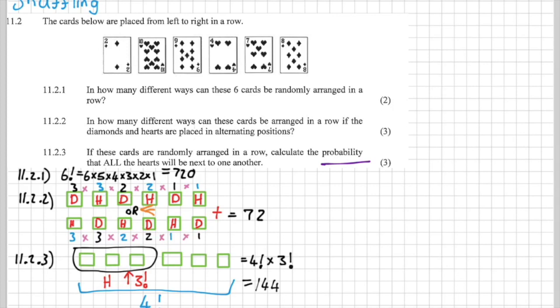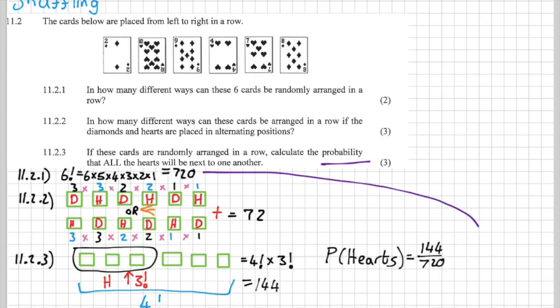Now do not go and celebrate yet, young Padawan. Do not celebrate yet, because the question was probability. So what is the probability that the hearts are placed together? Well, that's 144 over 720, because remember, there are 720 different possibilities if there was no restriction.